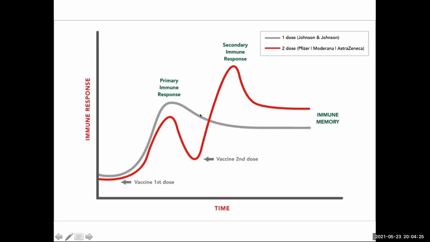Then this memory reaches a higher baseline and remains for a longer time. That is why we need to give 2 doses, one first dose and a second booster dose for most of the vaccines, because we need to keep this immune memory for a long time in order to be effective.